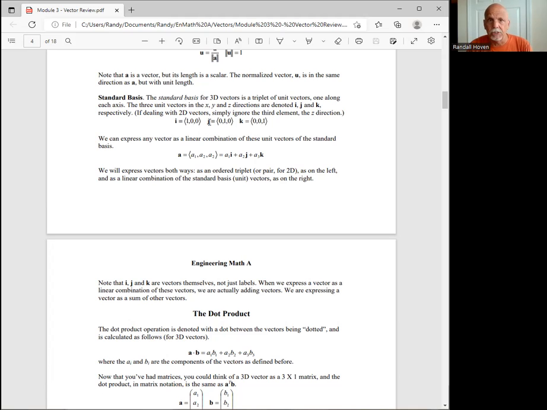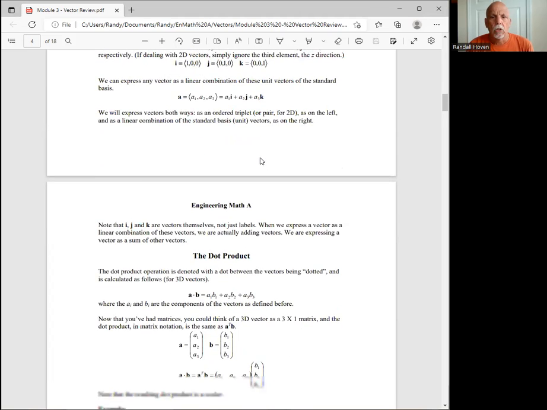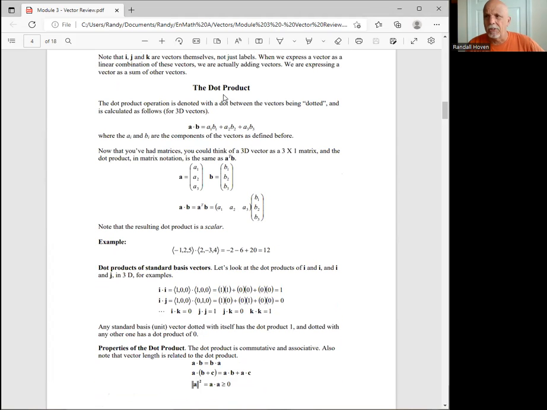It's not just notation, they are vectors. And any general vector can be expressed as a linear combination of the standard basis vectors. So here's vector notation, and here is an actual linear combination of these 3 different vectors. By the time I get to the dot product, I'll go back to my slideshow mode, and we'll do that next.